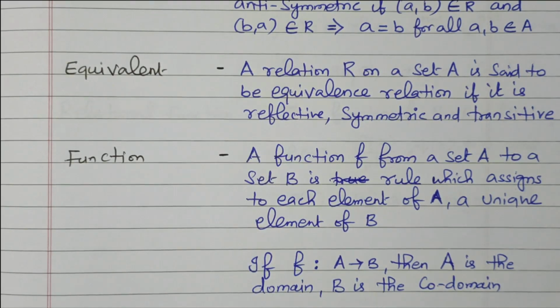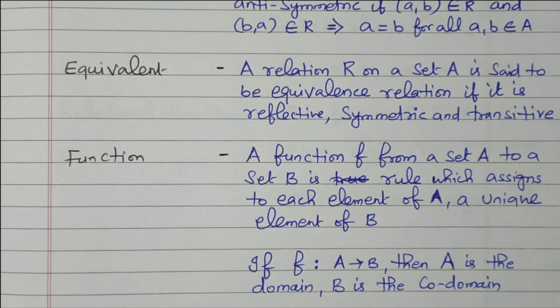So in this video we discussed the types of relation available in sets, relation and function. First type is reflexive, that is all the elements are related. Symmetric, (A, B) and (B, A).